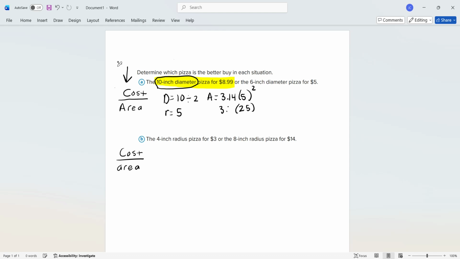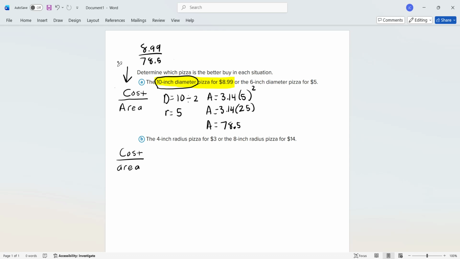Remember, I'm solving this in pieces so that I understand what I'm doing. The first part, all I did was square my radius, and my radius was 5. Next, I do 25 times 3.14. When I put that into my calculator, I get 78.5. So 78.5 is my area. To solve this, I take my cost, $8.99, and divide that by 78.5.